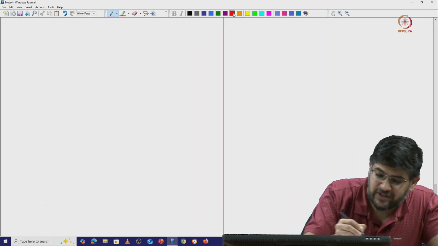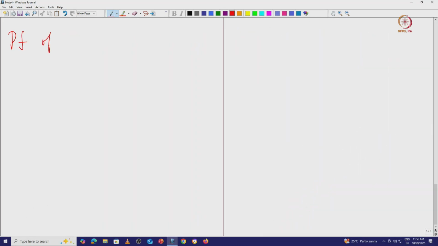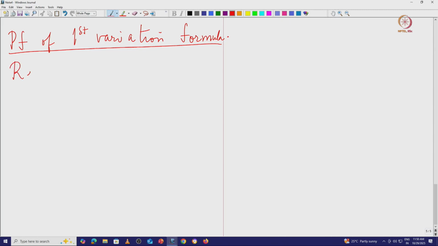Okay, so now I am going to use this to prove the first variation formula. So, recall the definition of the energy functional.